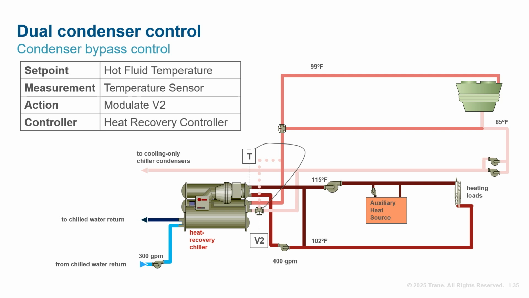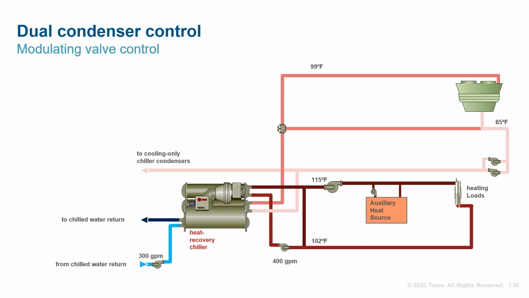Another option is to directly modulate the standard condenser flow. Using a modulating valve on the standard condenser enables variable flow through both the standard condenser and the cooling tower. As in the last case, select this valve with good authority for more precise control.